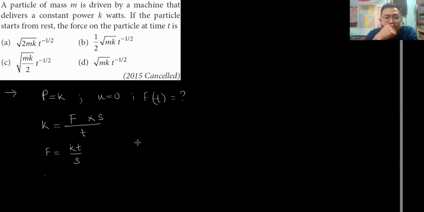Using velocity and acceleration, s equals ut plus half at square, and u is zero, so s is half at square.